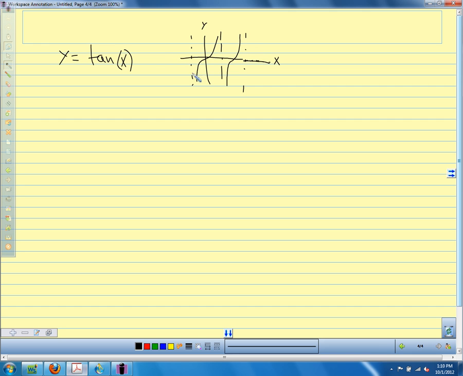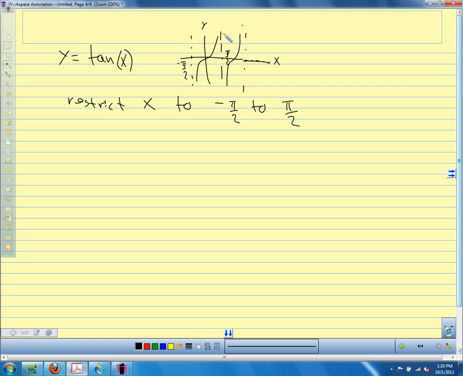So what we do is we restrict the domain to just the section between minus pi over 2 and pi over 2, just like we did for the inverse sine. So for y equals tangent x, we restrict x to minus pi over 2 to pi over 2, and we can define an inverse function.